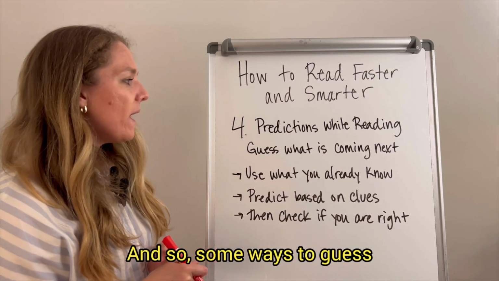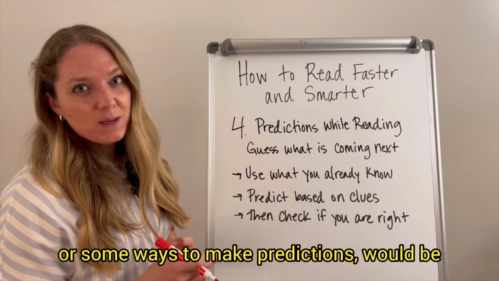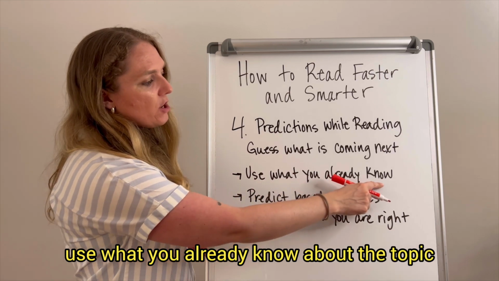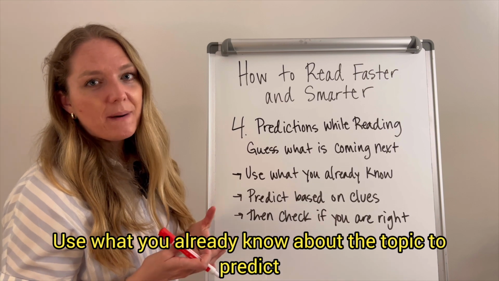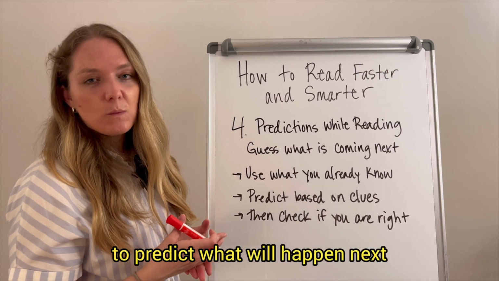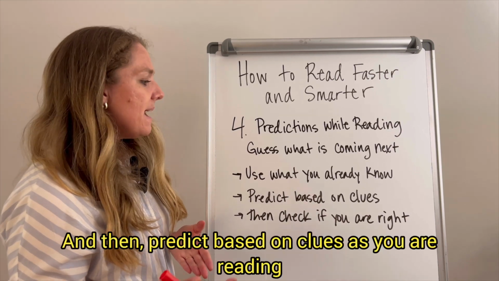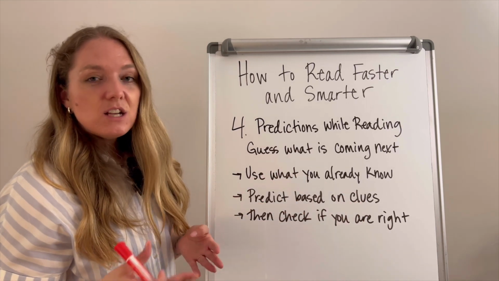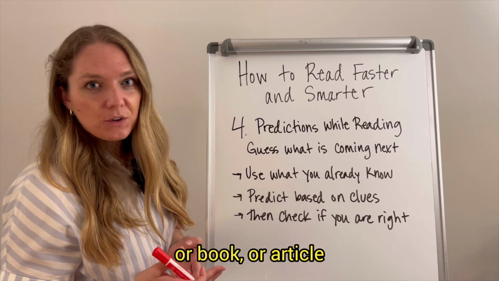And so some ways to make predictions would be to use what you already know about the topic, to predict what it will be about, to predict what will happen next, or what would continue happening. And then predict based on clues as you are reading the passage or book or article.